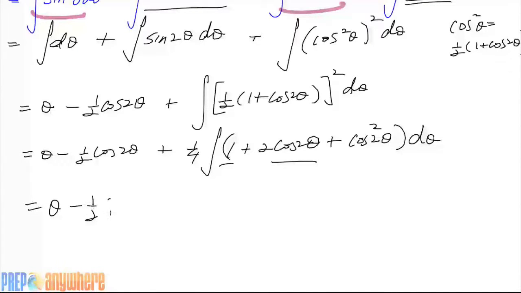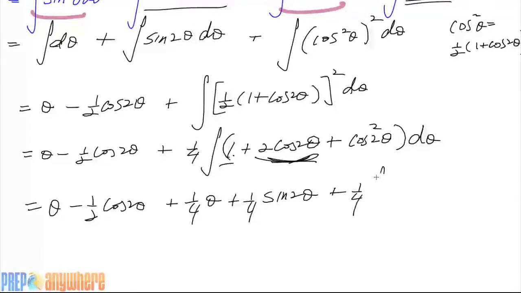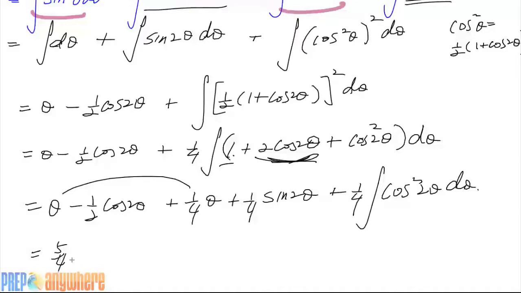Theta minus half cosine of 2 theta, a quarter of theta, and a quarter of sine. The antiderivative of this is going to be sine of 2 theta. So we just have a quarter of cosine squared 2 theta left over. Let's combine these two: 5 over 4 theta, and the other two we cannot combine.